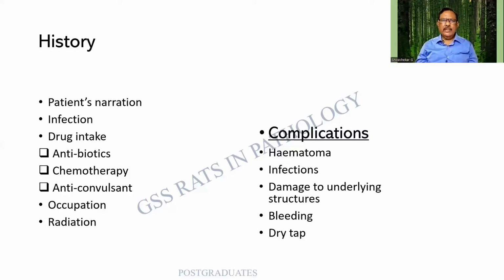Damage to the underlying structures, particularly at the manubrium sterni, where we have got the aorta and the heart, and bleeding, of course. Dry tap is not uncommon. Dry tap by itself can happen in a number of conditions, including aplasia as well as hyperplasia. I shall be dealing with it in a different class.